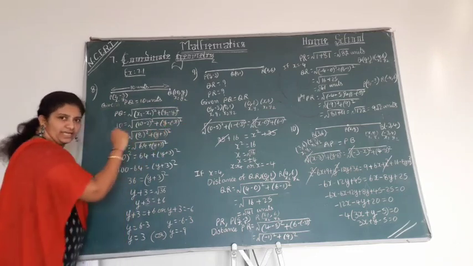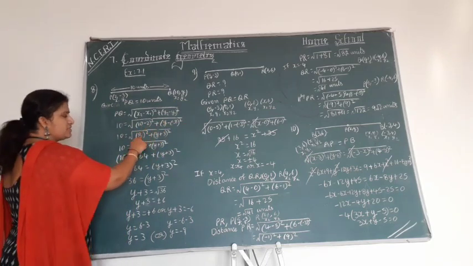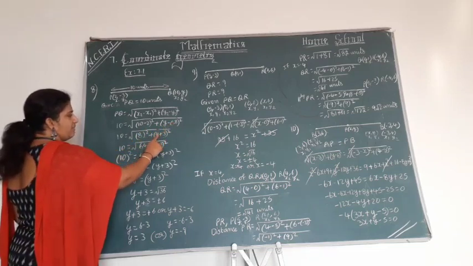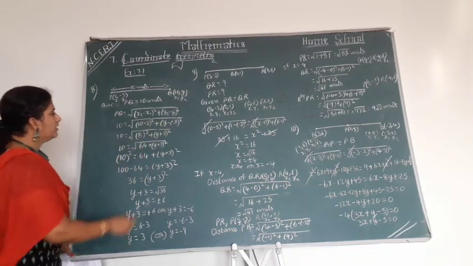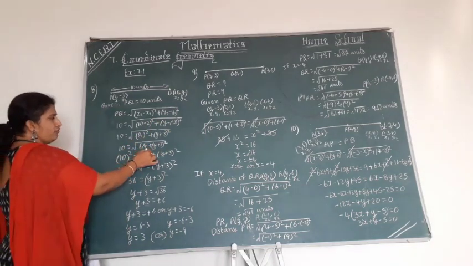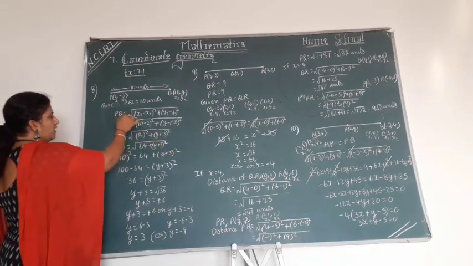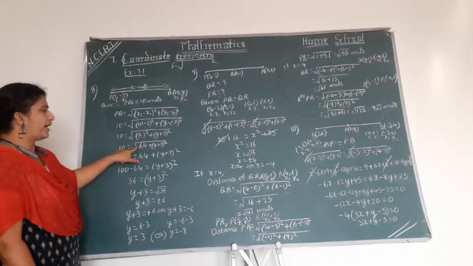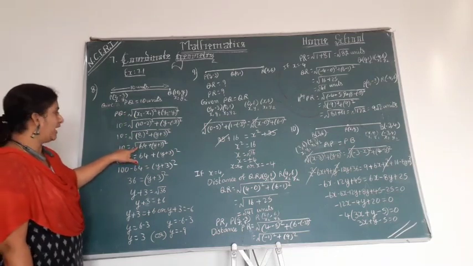Be careful with the negative sign here. 10 minus 2, 8 whole square. Minus into minus plus, y plus 3 whole square. Look over here, 8 squared is 64, plus y plus 3 whole square. Your PQ value is 10. This square root I need to remove. What do I have to do?